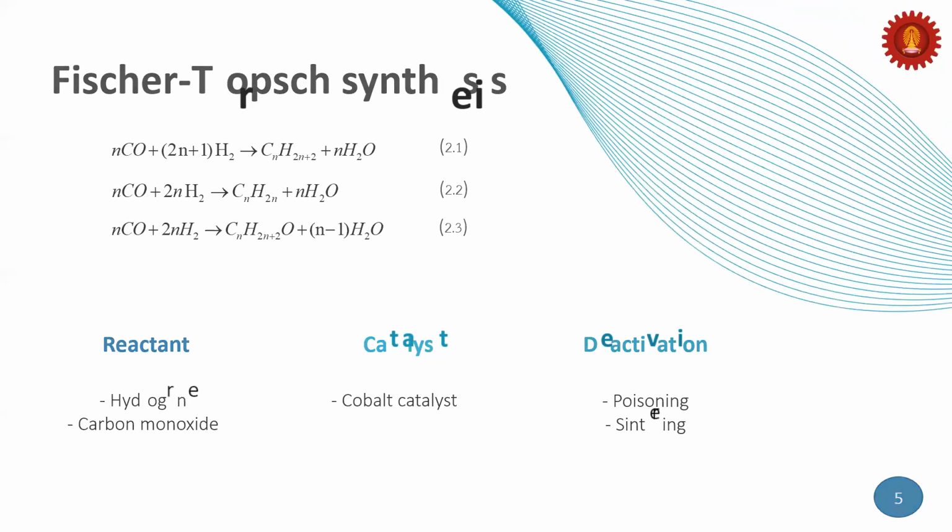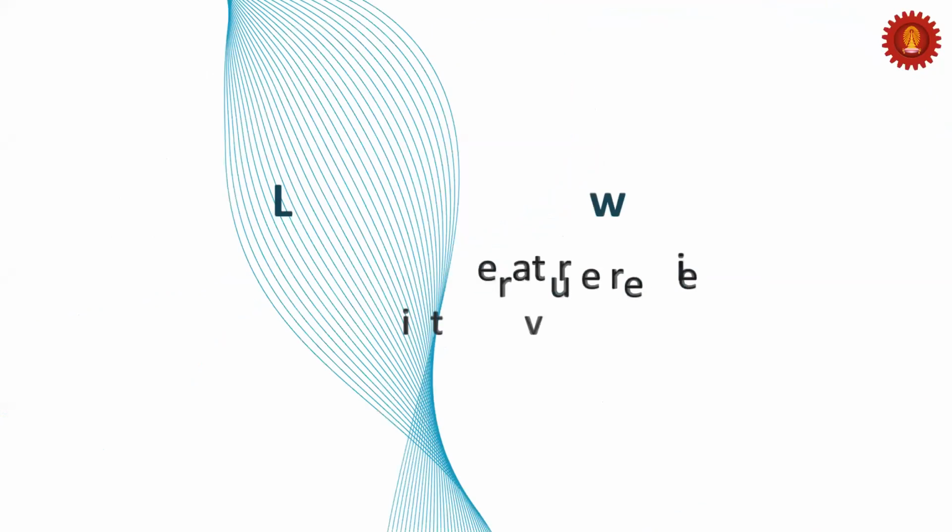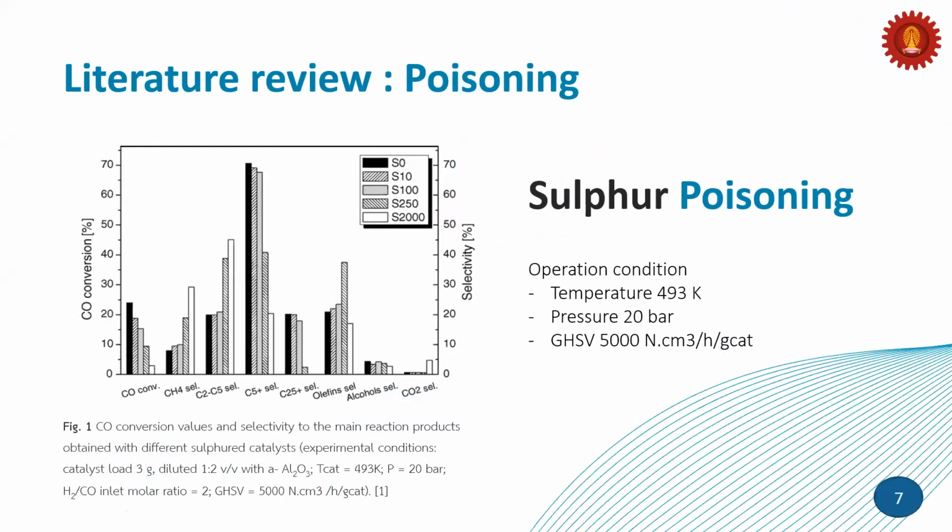Literature review. Visconti studied the effect of sulfur poisoning in the range of 0 to 2000 ppm on the characteristics and catalytic performance in Fischer-Tropsch synthesis, and used a cobalt alumina unpromoted catalyst obtained by impregnation of alpha alumina with a cobalt nitrate solution.